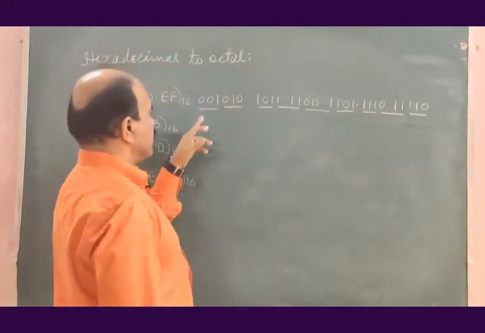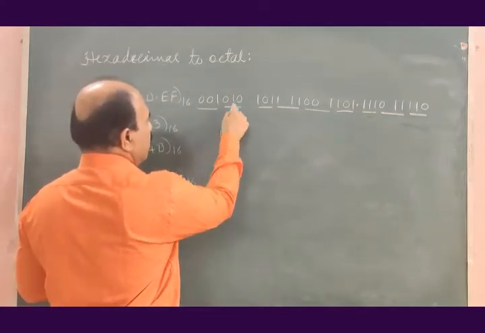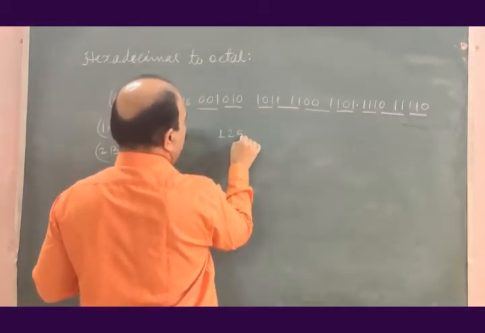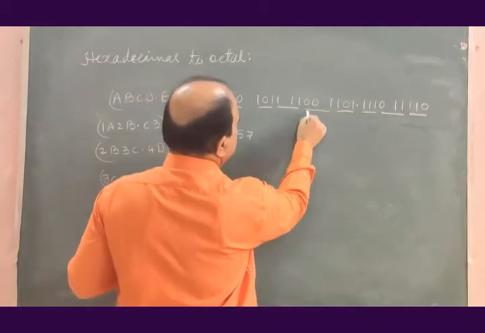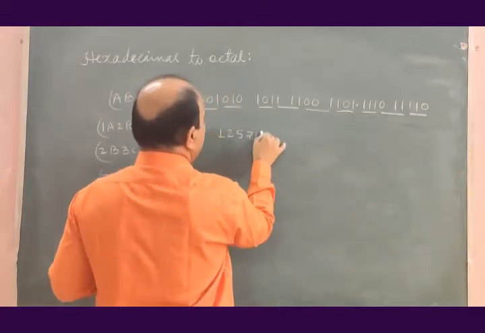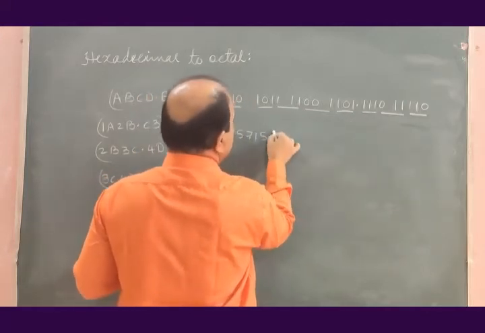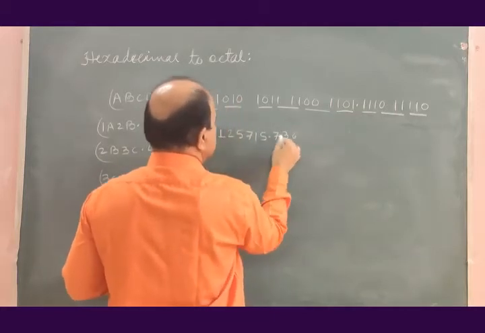Now replace each group by its octal digit: 1, 2, 5, 7, 1, 5, octal point, 7, 3, 6.